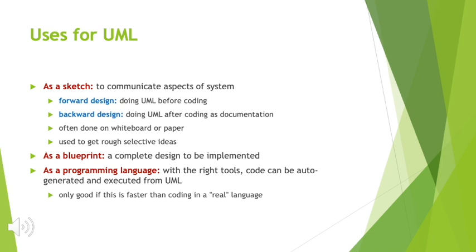So the code will be auto-generated based on the UML that you sketch on that particular tool. Normally it is fast to do this, but sometimes it's not as easy as that. It depends on how you design your UML.